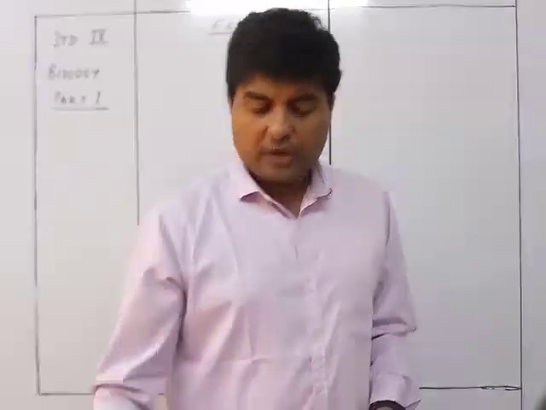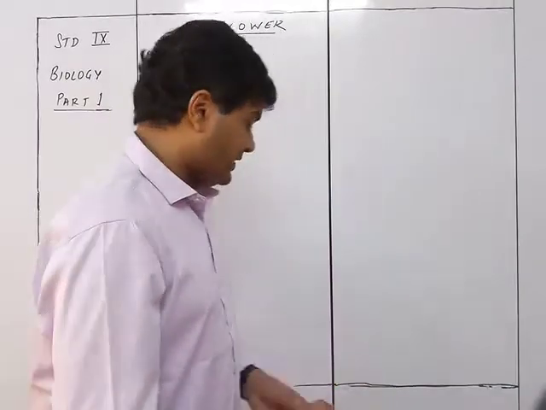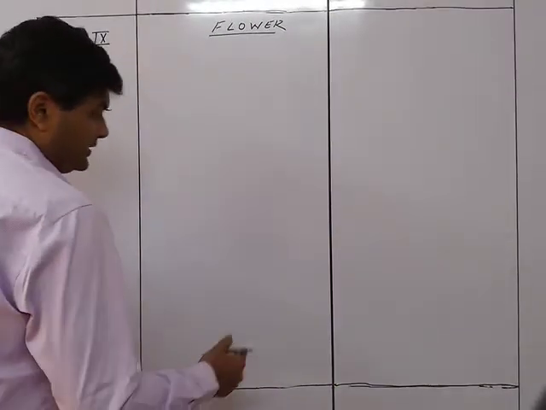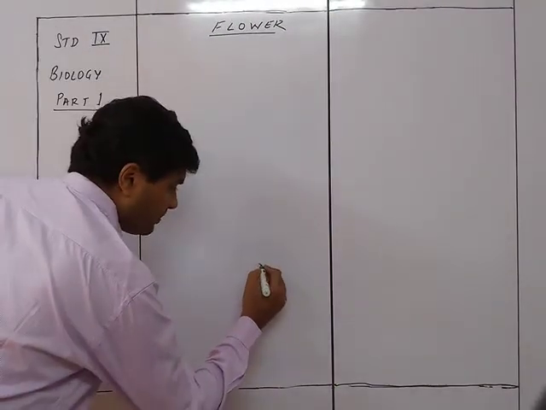Let us first draw the flower so that we can understand the different parts. I'll just draw the figure first. We start from the bottom.